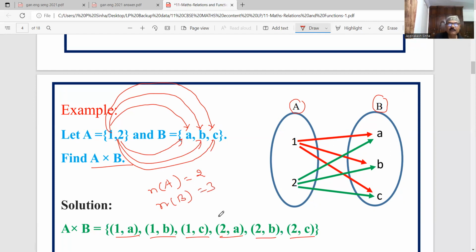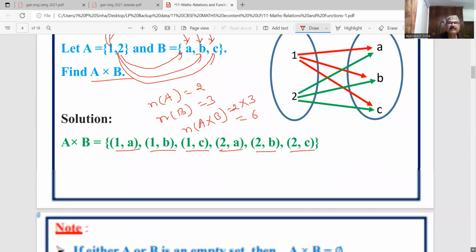Then the number of elements in the Cartesian product of A and B will be 2 into 3, that is 6. Correct? So in this way, we can find the Cartesian product of one set with another, and also we can know what will be the number of elements.